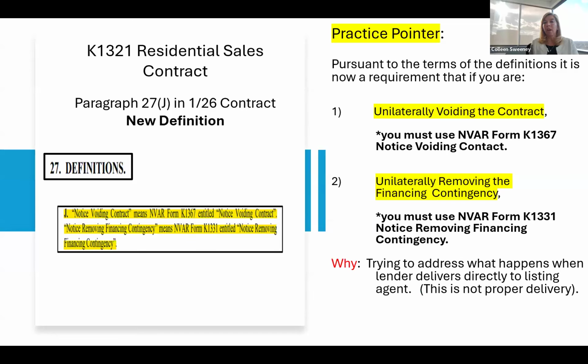Why? We're trying to address what happens when a lender delivers the lender rejection letter directly to the listing agent. That is not proper delivery, and it needs to be a two-part step. And that's really important to understand. There's more to follow on this change, but it arises in the definition, so we wanted to start there.